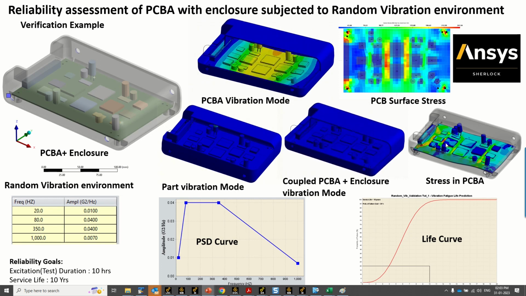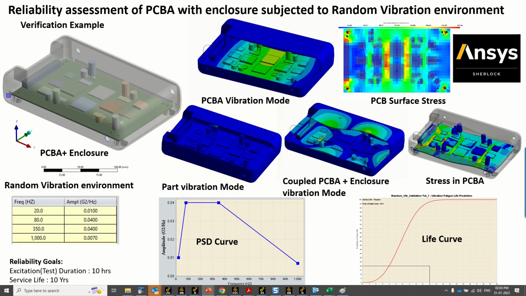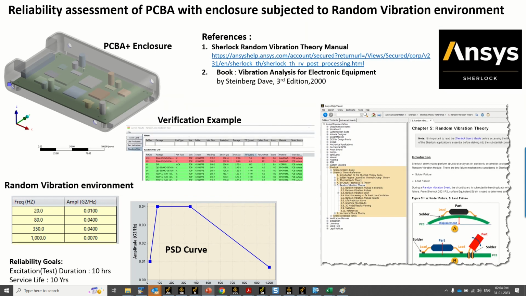I have referenced another video to understand how the strains reported for each part in Sherlock are calculated from mechanical results. Then we also looked at how to interpret the life curve using Weibull distribution.